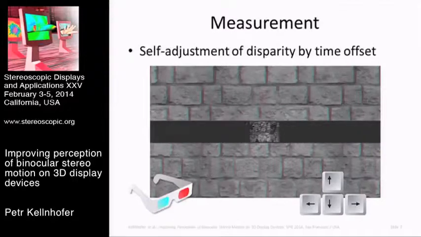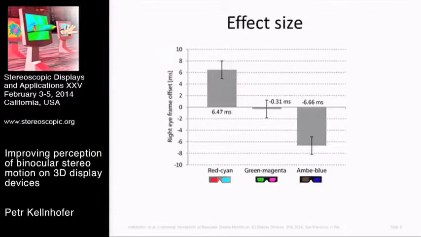So we used three simple examples of Anaglyph glasses, and we ran a user study where users can adjust the time delay of one eye with respect to the other in order to stabilize the moving pattern in depth relative to the background. We also tried varying speeds of the stimuli.